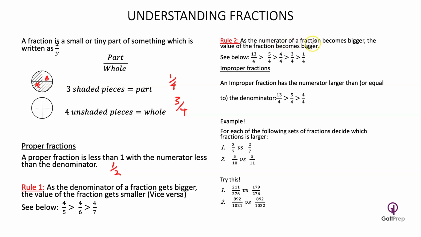Rule number 2. As the numerator of a fraction becomes bigger, the value of the fraction becomes bigger as well. So here you see this example starting from 1 over 4. All the denominators are the same, 4, and the numerators are increasing from 1 to 3 to 4 to 5 to 13, and you can tell from here that 1 over 4 is smaller than 3 over 4, and 3 over 4 is smaller than 4 over 4, and 4 over 4 is smaller than 5 over 4.